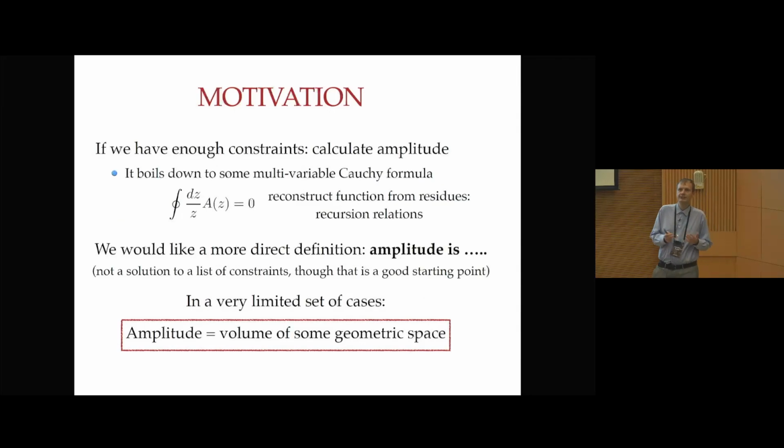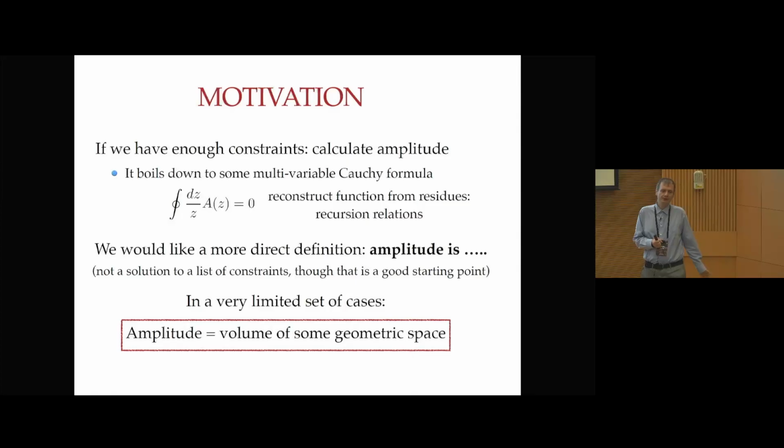Now, if we have enough constraints for some amplitude in a given quantum field theory, and we know that these constraints uniquely specify this amplitude, then we can turn it around and use it in some recursion formula, for example. So the BCFW recursion relations are exactly based on these conditions: that only knowing where the poles are, and that the amplitude factorizes on these poles, is enough to reconstruct the amplitude uniquely.